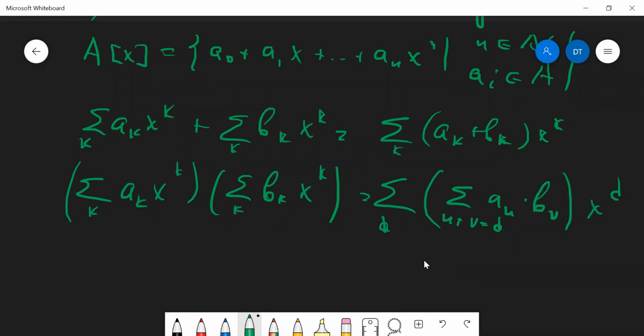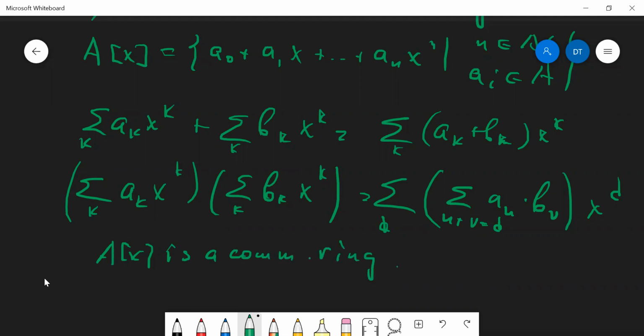So these are the formal rules to define multiplication and addition between two polynomials, and this becomes a commutative ring. So A[x] is a commutative ring.